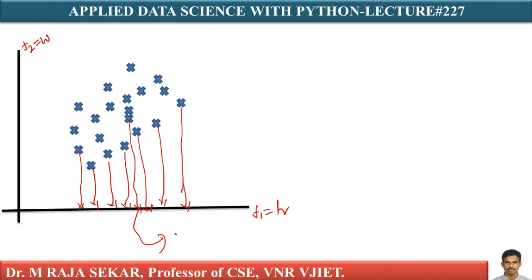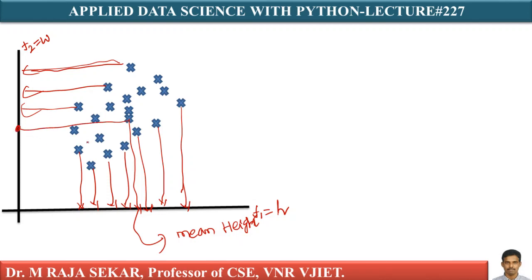This point is known as the mean height. In a similar manner, I can project all these points like this, and somewhere here I will get the mean weight.